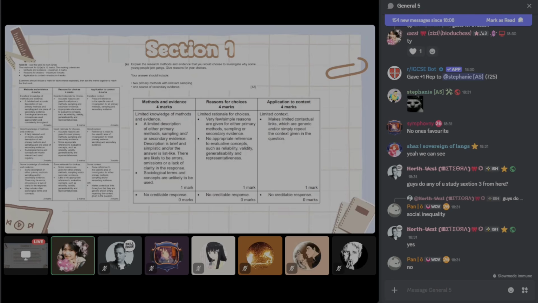Furthermore, application to context means frequent reference to the specific area of investigation for all primary methods, sampling, and secondary evidence. That's what they expect for full marks.